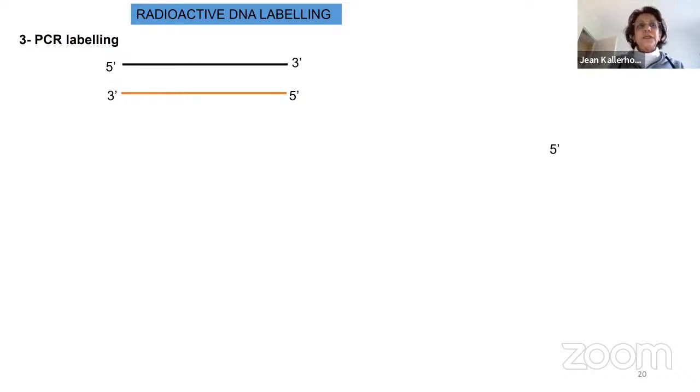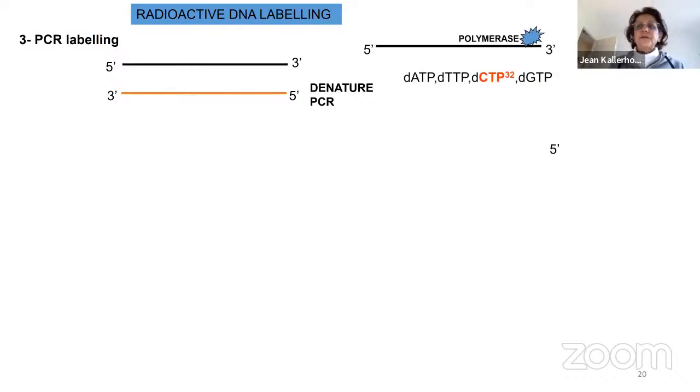But there again, we will include a deoxynucleotide that is radioactively labeled. So the steps are exactly the same. You've got a double-stranded DNA. You denature, right? And here are the 4 deoxynucleotides, one of which is labeled with P32, radioactive label.